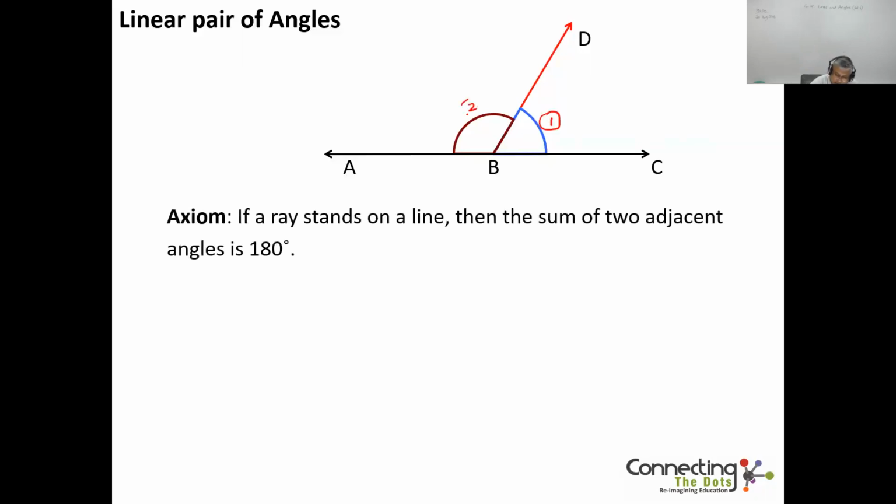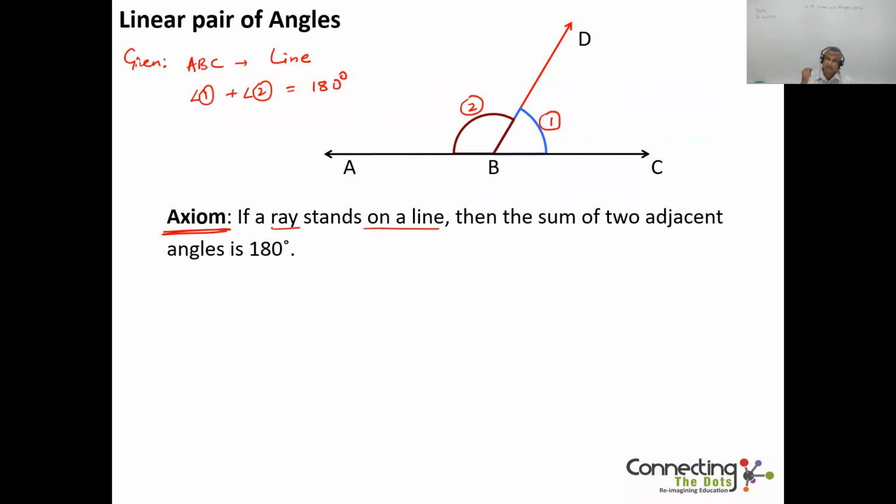Suppose 1 and 2 are adjacent. You are given ABC is a line. So if ABC is a line, then angle 1 plus angle 2 will be equal to 180 degrees. That is your one axiom.